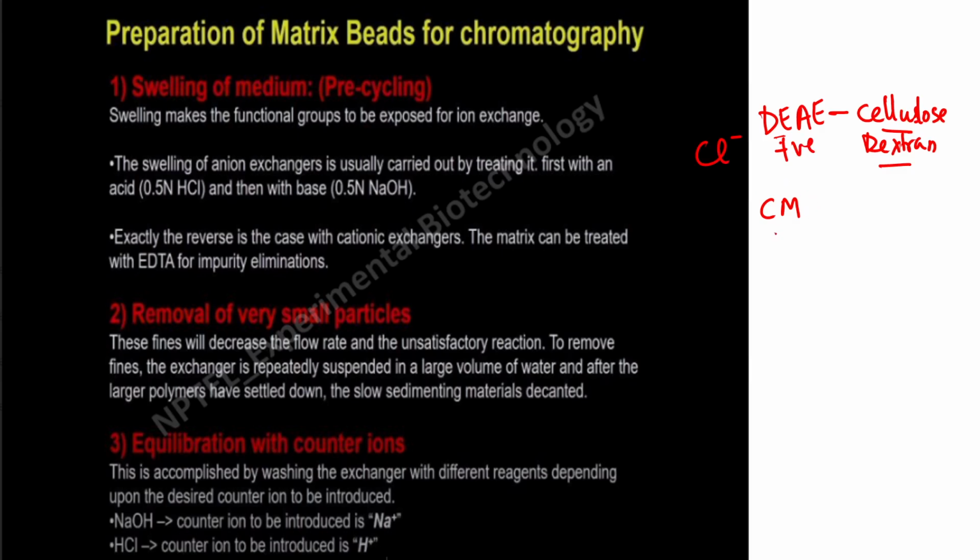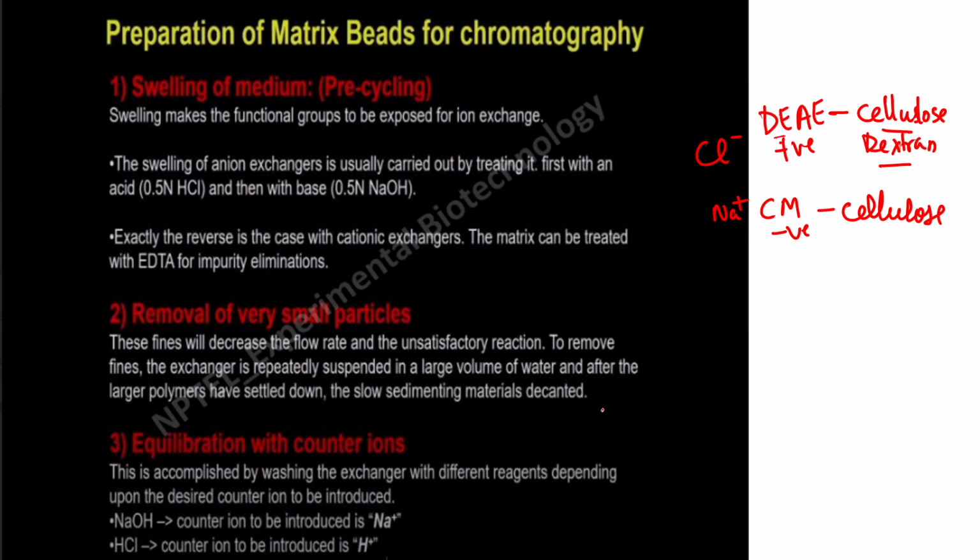If it is a negatively charged column like carboxymethyl cellulose, we need positively charged ions like sodium ions to equilibrate the column. So all the DEAE groups or all the CM groups in that cellulose should be bound to the counter ions in order to get properly equilibrated.